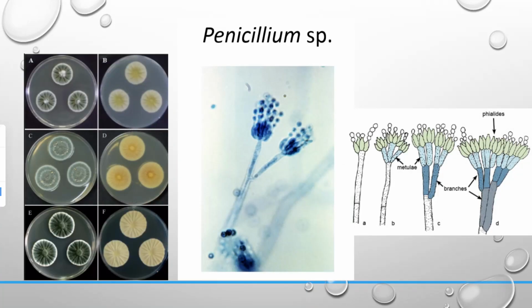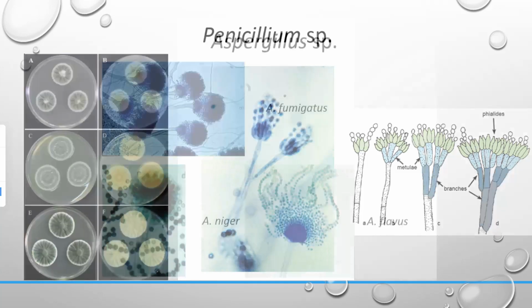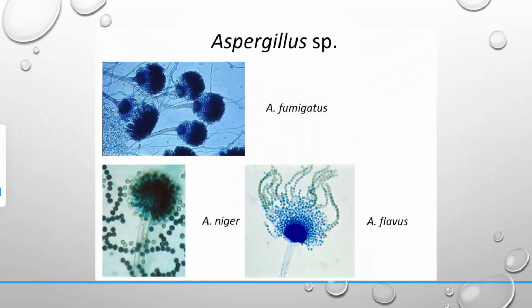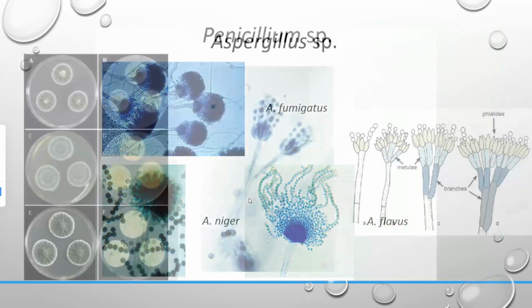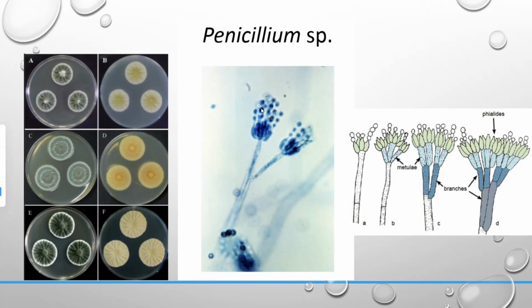Penicillium looks like a tulip to me. Penicillium is distinctive from Aspergillus because Aspergillus has a really wide head. You can see on these pictures the head is pretty wide, thick, and full looking. Penicillium has a countable number of spores coming up. So even though they look similar, you can start to see the difference.